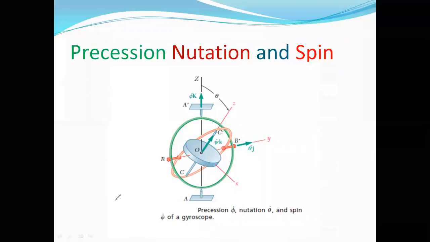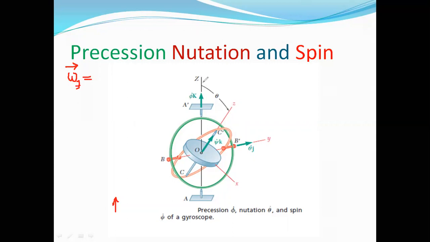Let's suppose an observer on the ground is observing the motion of the gyroscope, and the gyroscope at this time is in this configuration. It is precessing, nutating, as well as spinning. So the observer on the ground will say that the angular velocity with respect to the ground is, first of all, that this gyroscope is rotating about the capital Z axis.